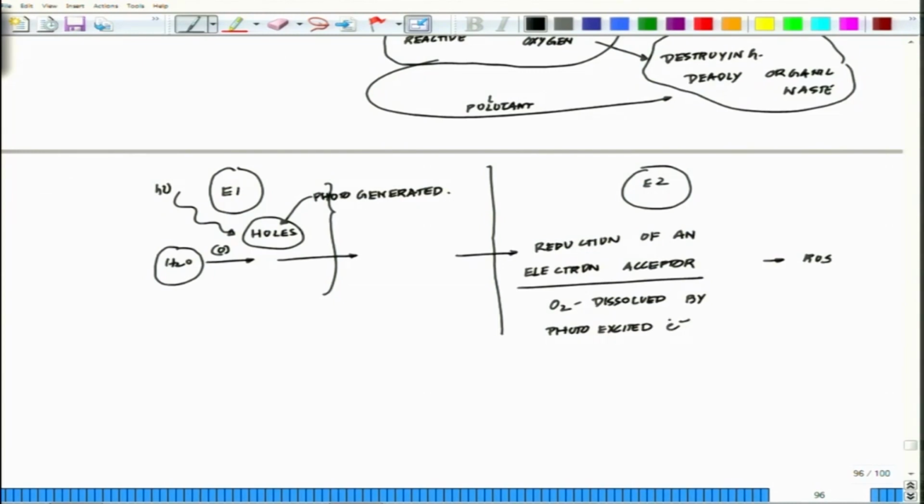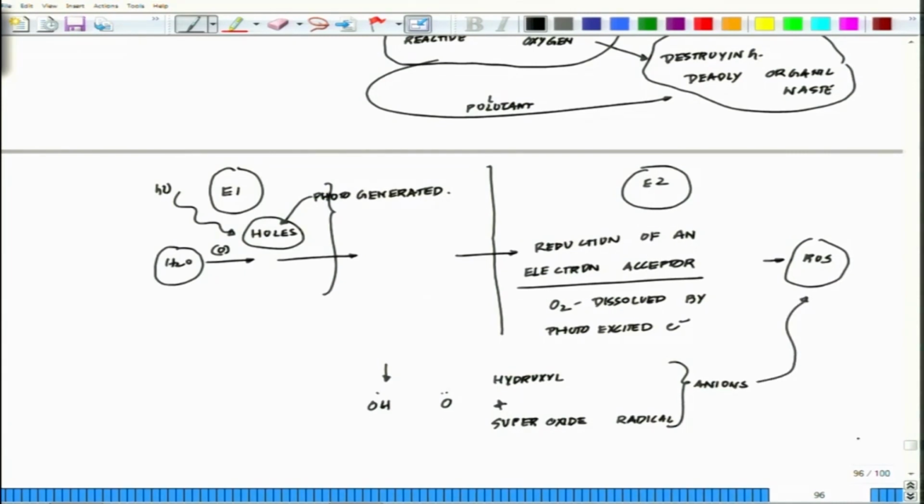These reactions lead to the formation of hydroxyl and superoxide radical anions, which are essentially your reactive oxygen species.